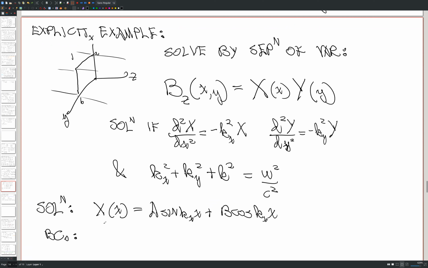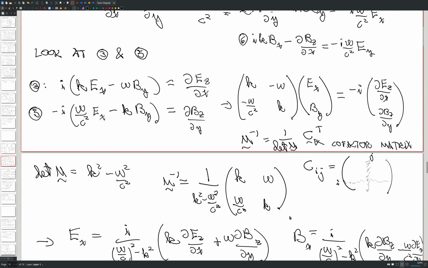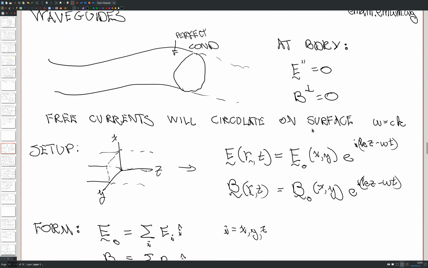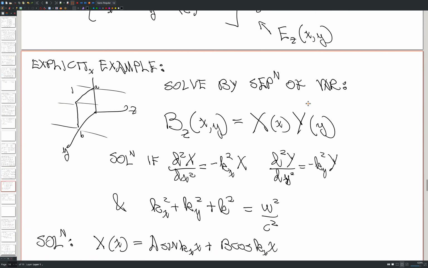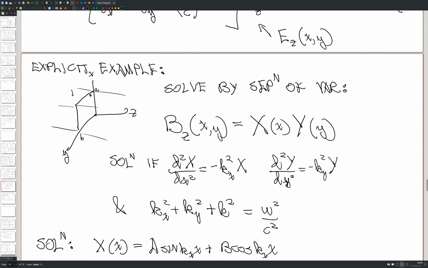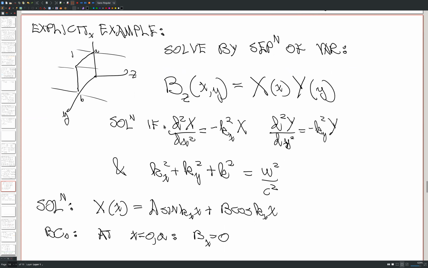You have to work it out a little bit. At x equal to 0 and a, we have that the B in the perpendicular direction, namely in the x direction, has to be 0. Okay, that was our boundary condition. B perp is equal to 0 here, but now applied to the surfaces here and here. Okay, so that's one of the boundary conditions.